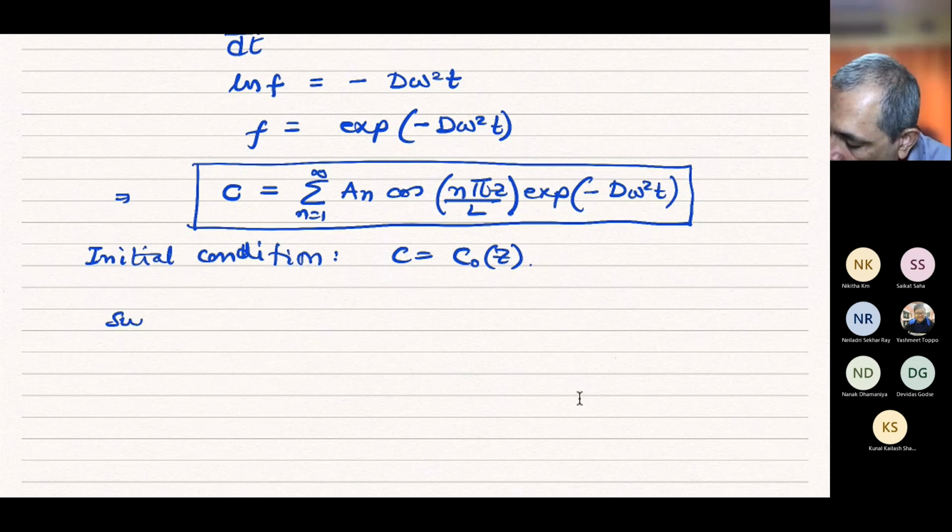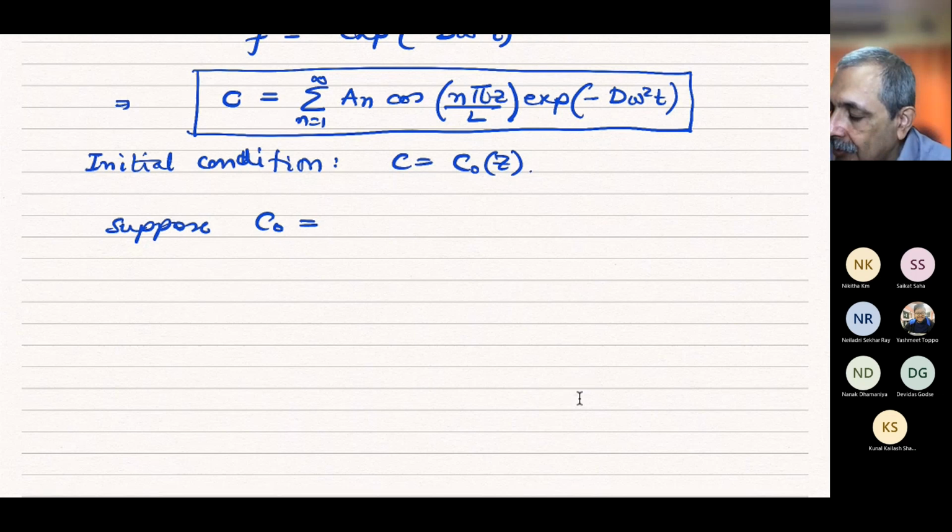Suppose, just for our own simple purpose, C0 is given by, let's say, a cosine profile.